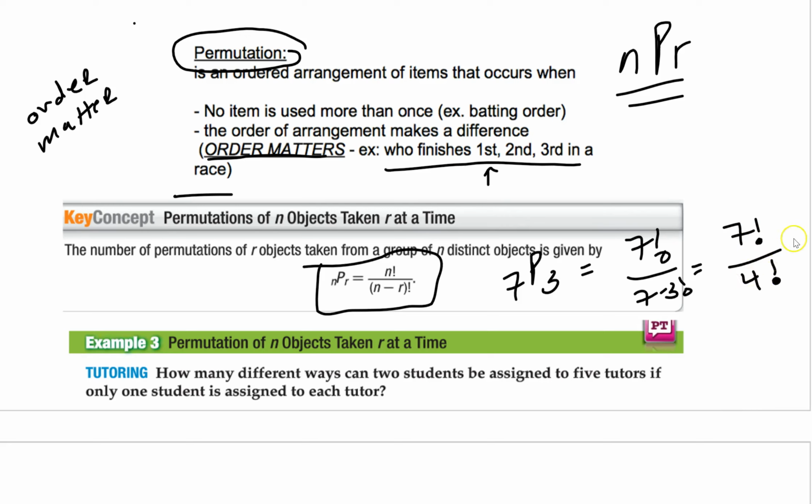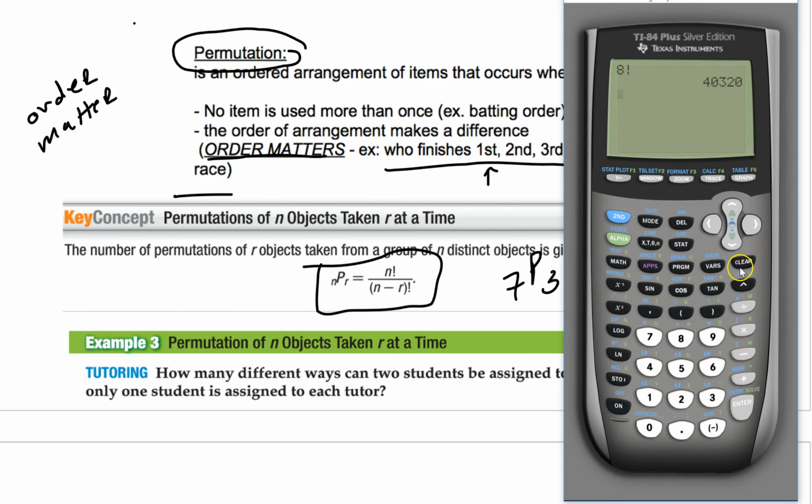And then you just solve it from there. We talked about that before. You break that down till you get to this number, cancel out, solve it. Now, I'll tell you right now, most of these permutations get big, so most of the time we're just going to use our calculator. Like 7P3, we'll just use 7, math, go to probability, and nPr right there, order matters, permutation, 3.